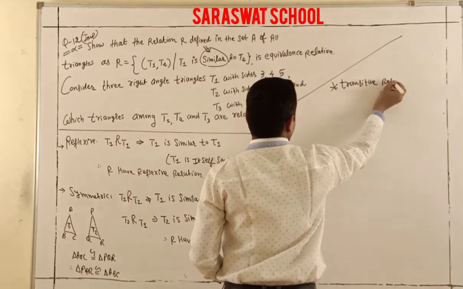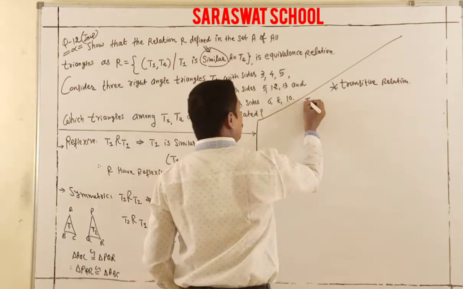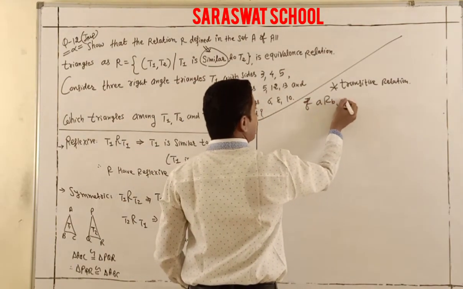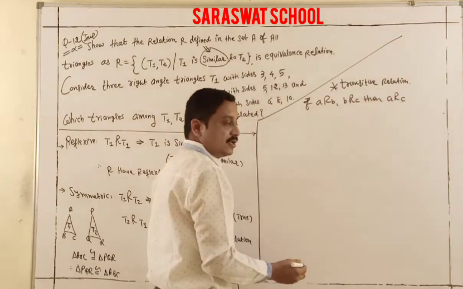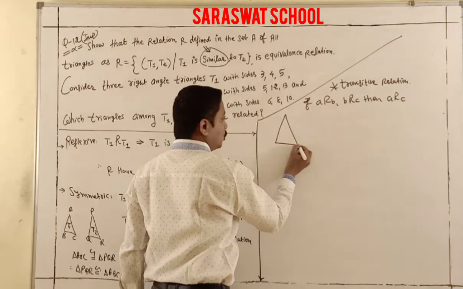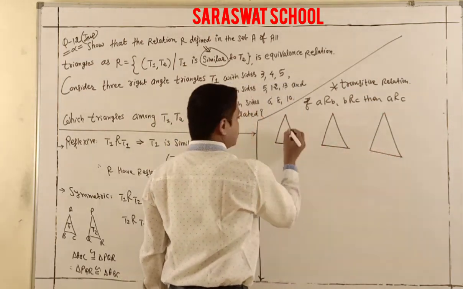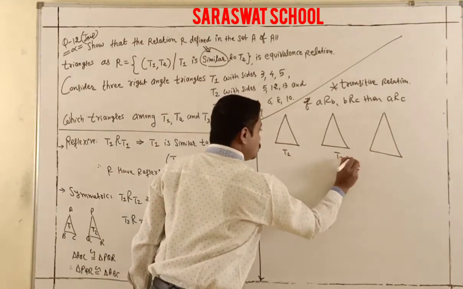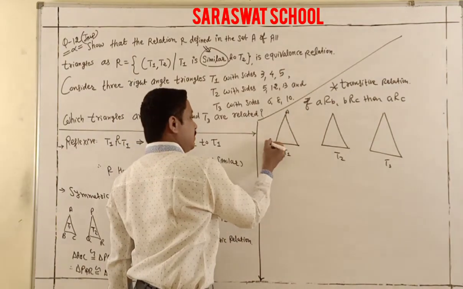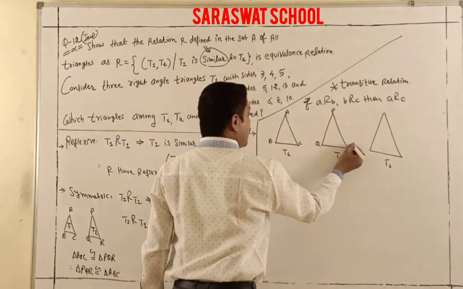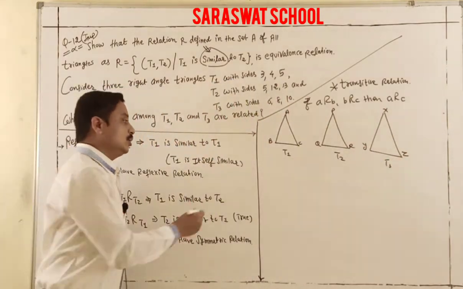In this transitive relation, students, first I explain the rule: if A relation B and B relation C, then A relation C. Before I explain, I consider three triangles, T1, T2, T3: ABC, second PQR, and third XYZ. And now I start the rule.